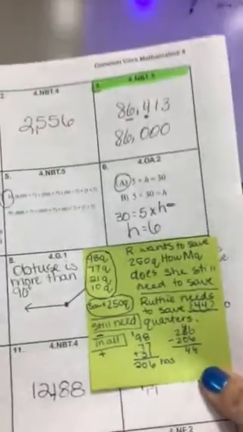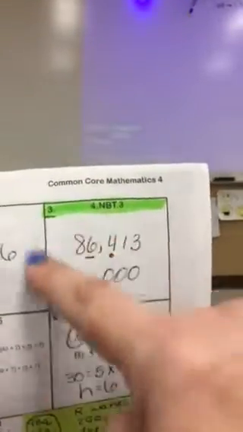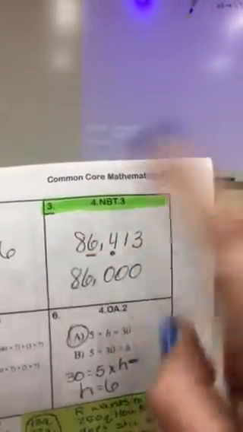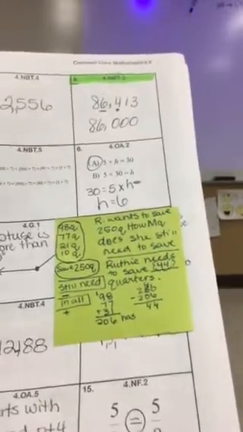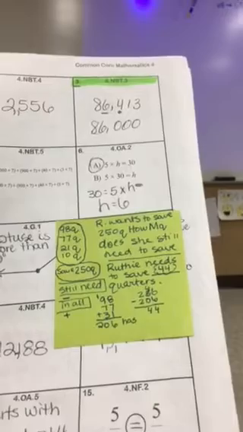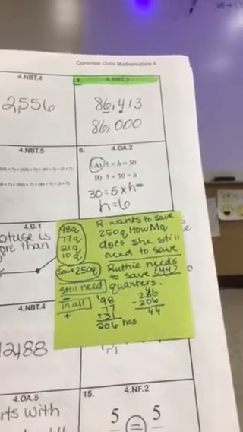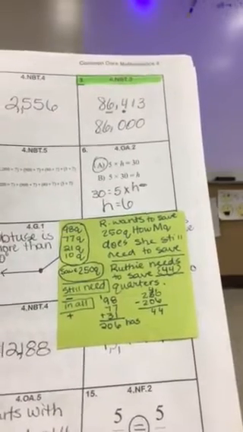The next page that we have here, rounding. Surprisingly, we still have some friends that are not paying attention to the rounding. This was a Cubanacing problem. It was Ruthie wants to save 250 quarters. How many quarters does she still need to save?